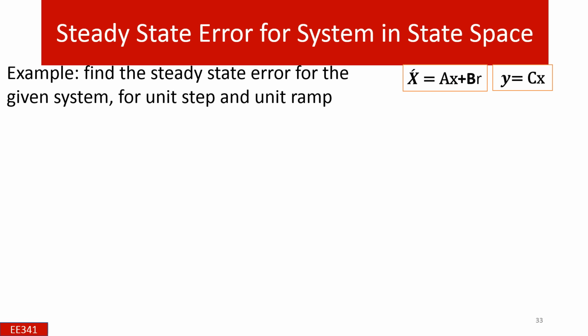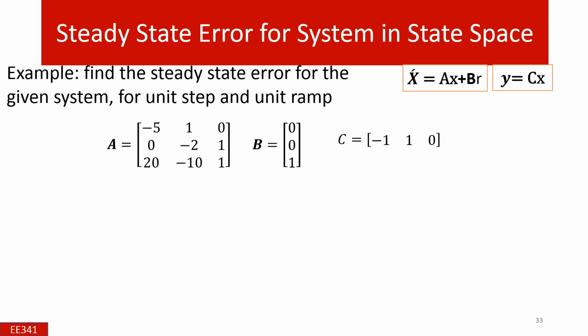We have to find the steady state error for the given system when using the step input and the unit ramp. Here is the system information: the A matrix, which is 3 by 3, and the B matrix and C matrix as given.